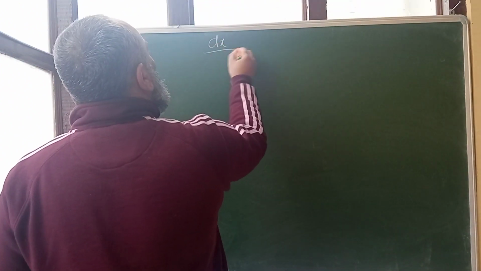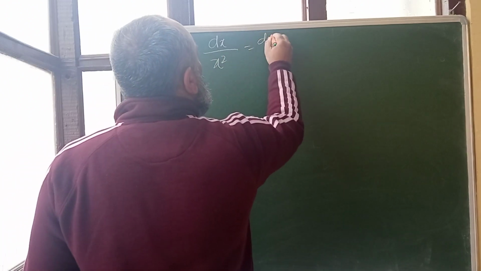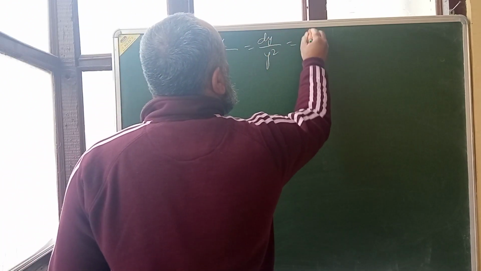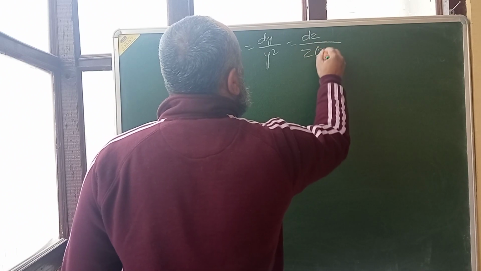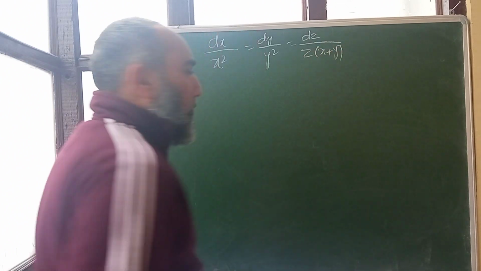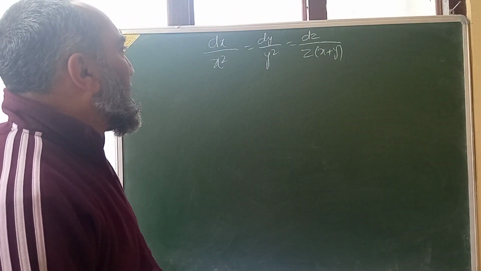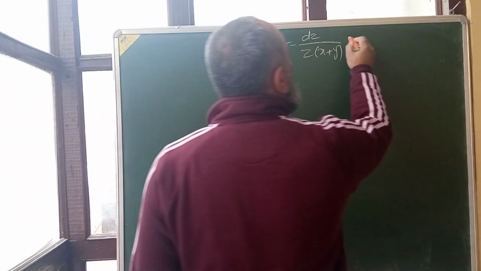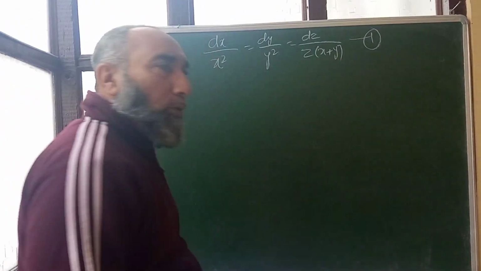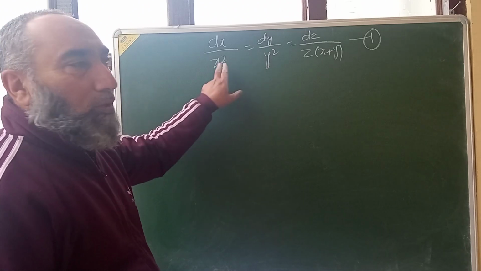dx upon x square, dy upon y square, dz upon z into x plus y. See, this is a quite simple question. How will you do this? First 2 fractions you can take.